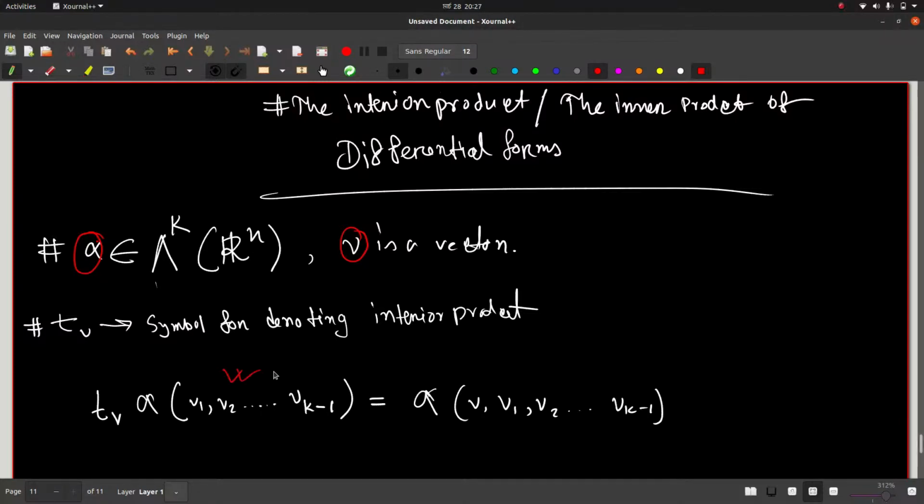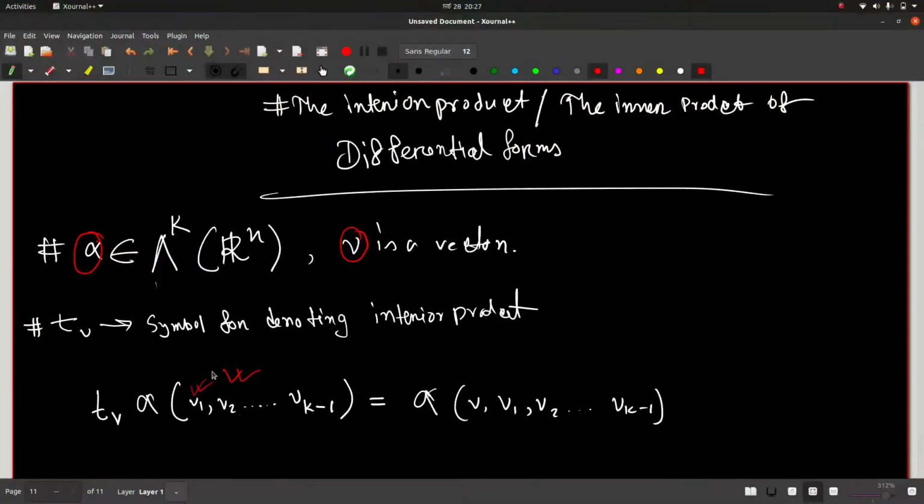Alpha is a differential form, so eventually it will act on some vectors, right? And those vectors are written as v1, v2, v3, ..., v(k-1). Now when we say I want an interior product with respect to v, which I denoted with i_v, then what it does is that it gets rid of this v1, the dummy vector that was there, and it puts v on the first slot.